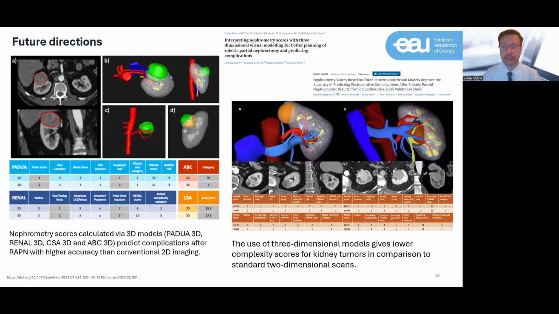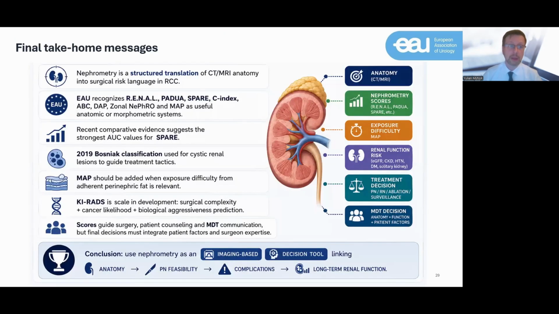In another study, the use of three-dimensional models gave lower complexity scores for kidney tumors in comparison to standard two-dimensional scans. Thus, three-dimensional nephrometry may shift nephrometry from static score calculation towards more individualized surgical planning and risk prediction.